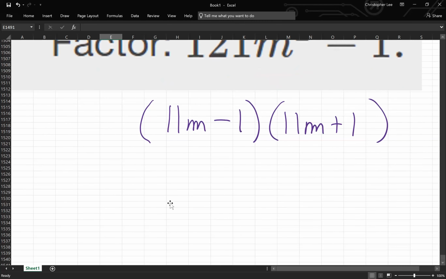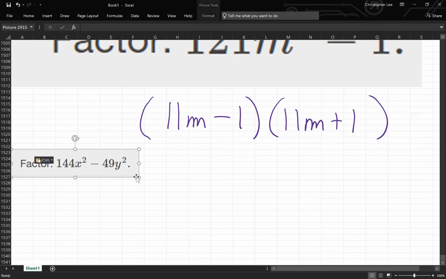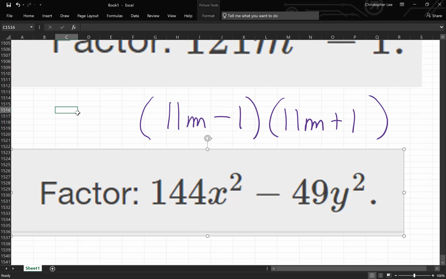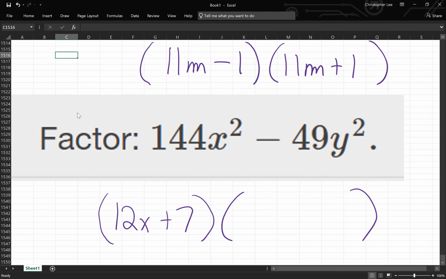But still, what's the answer here? I have 144 x squared minus 49 y squared. Okay. Very good. I am impressed, not gonna lie.